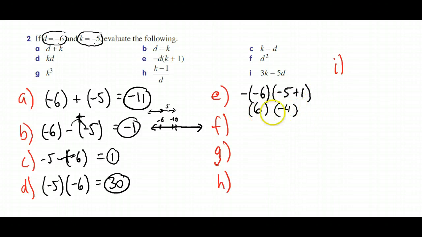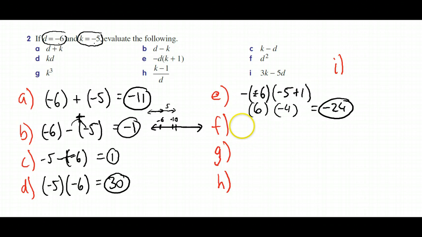So we've got 6 times negative 4, negative times a positive equals negative 24. Again, it wouldn't have mattered if we'd put the negative inside the brackets here, then we would have had the two negatives together still, it would have still become positive 6. So it doesn't change the outcome there.